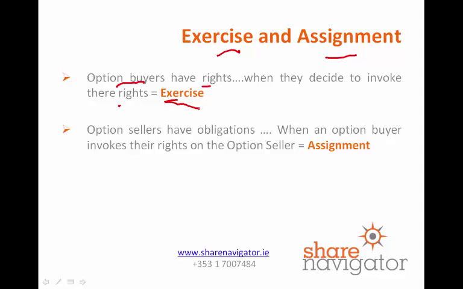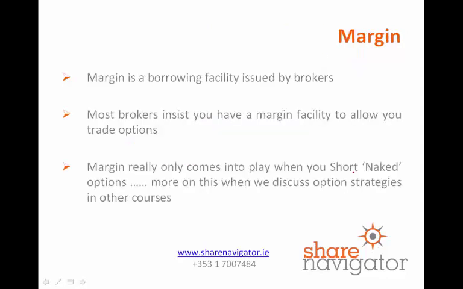You're exercising your right. On the other hand, option sellers have the obligation, and when an option buyer invokes their rights on the option seller, this is known as assignment. So the person who you asked to get your Apple shares from has just been assigned. That's what exercise and assignment means.